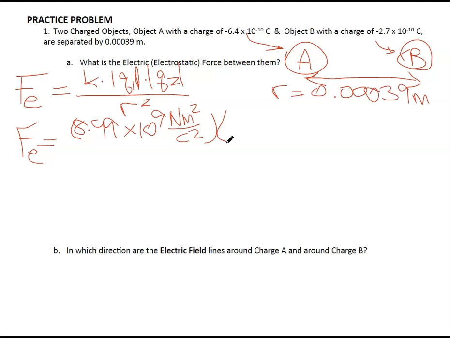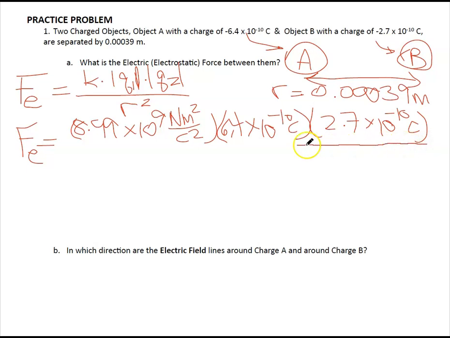We only want the absolute values of our charges. 6.4 times 10 to the minus 10 coulombs times 2.7 times 10 to the minus 10 coulombs. Yes, this is a very small amount of coulombs, but remember, a coulomb is an enormous amount of charge, so this is actually still a significant amount of elementary charges.